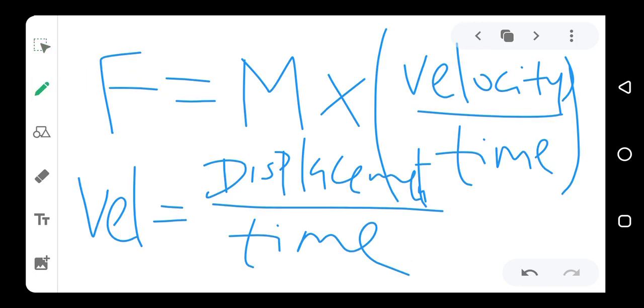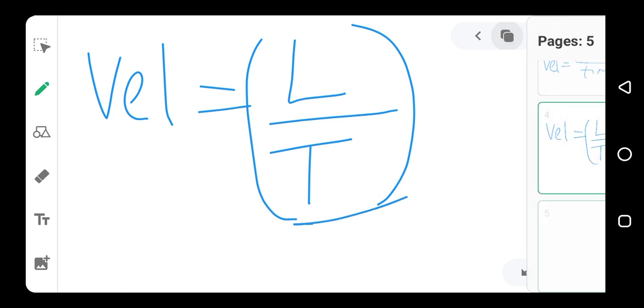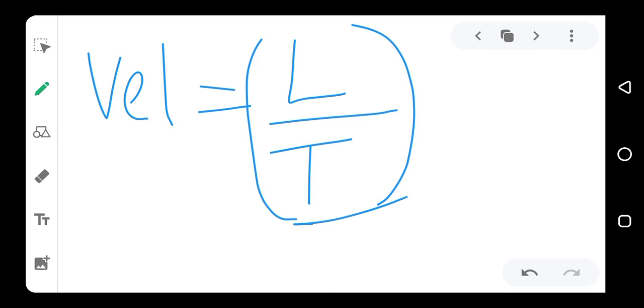This place that we have velocity over time, we use this to put in place of velocity, and then we divide it again by this time. So what we have finally is that acceleration A is equal to L over t.